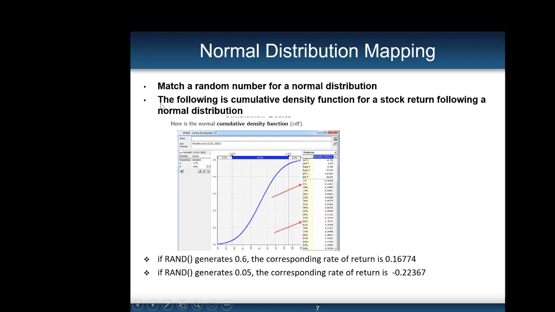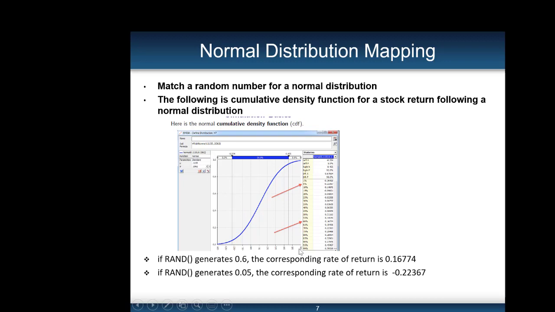We assume they follow a normal distribution where the average is 11.55 and the standard deviation is 20.52. But here, we don't have a bell-shaped normal distribution. Instead, we have this cumulative density function. It's okay if you don't know how this is calculated, because it is already calculated for you.